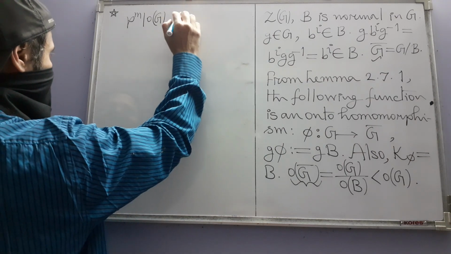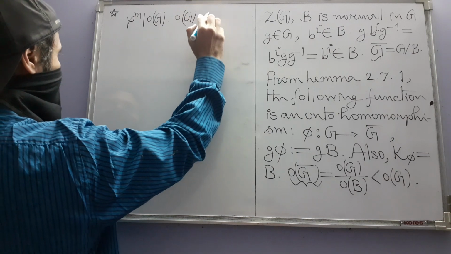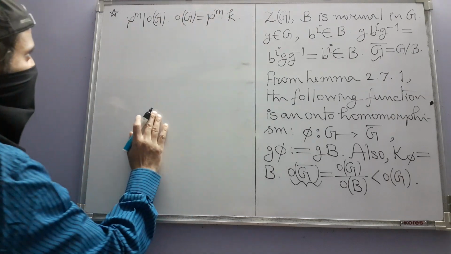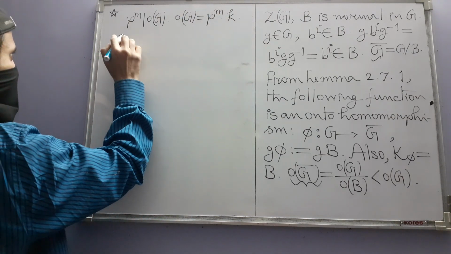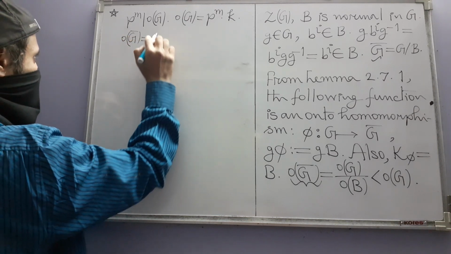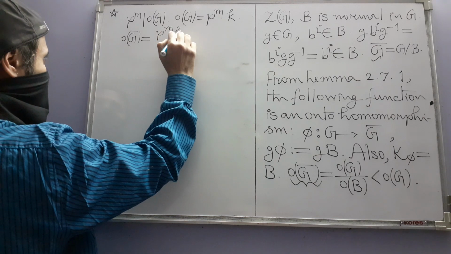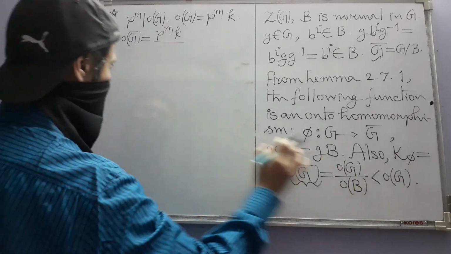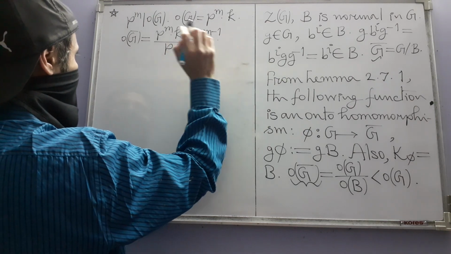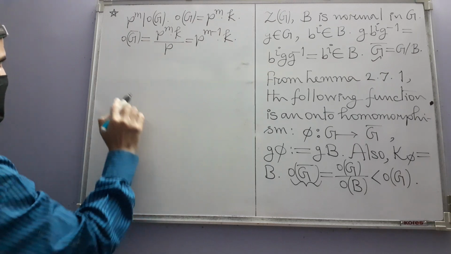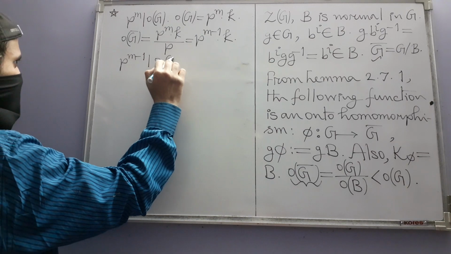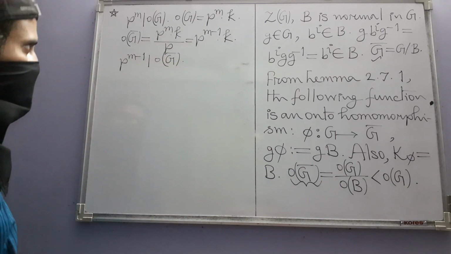So for once, let's write the order of G as this times something, some integer, say k. Then the order of G bar will be this divided by p, p to the power m minus 1 times k. So that means p to the power m minus 1 divides the order of G bar.